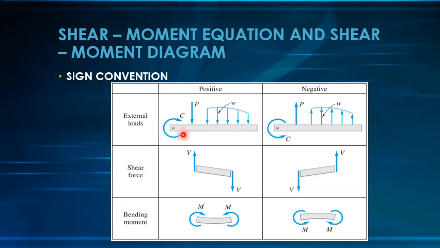Tapos yung sa moment naman, this one is external load, is still external load, okay? The moment, kapag positive direction siya or the clockwise direction, that is positive. Kapag counterclockwise, that is negative. For shear forces, the forces that tends to rotate the beam element clockwise.